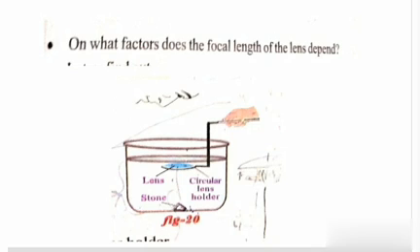We require a vessel which has a length or depth nearly equal to 4 times the focal length of the lens.